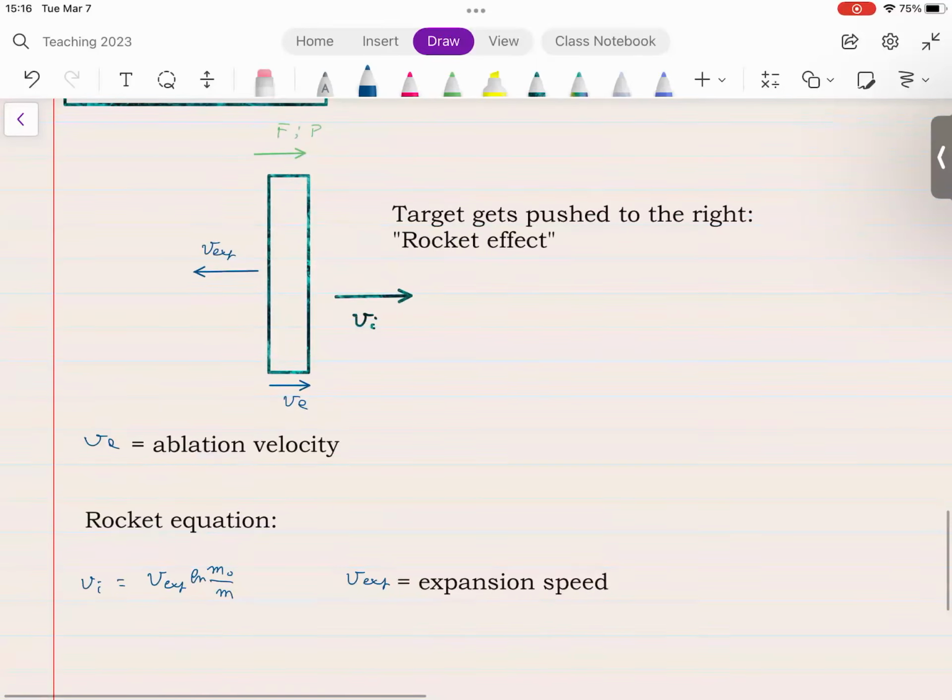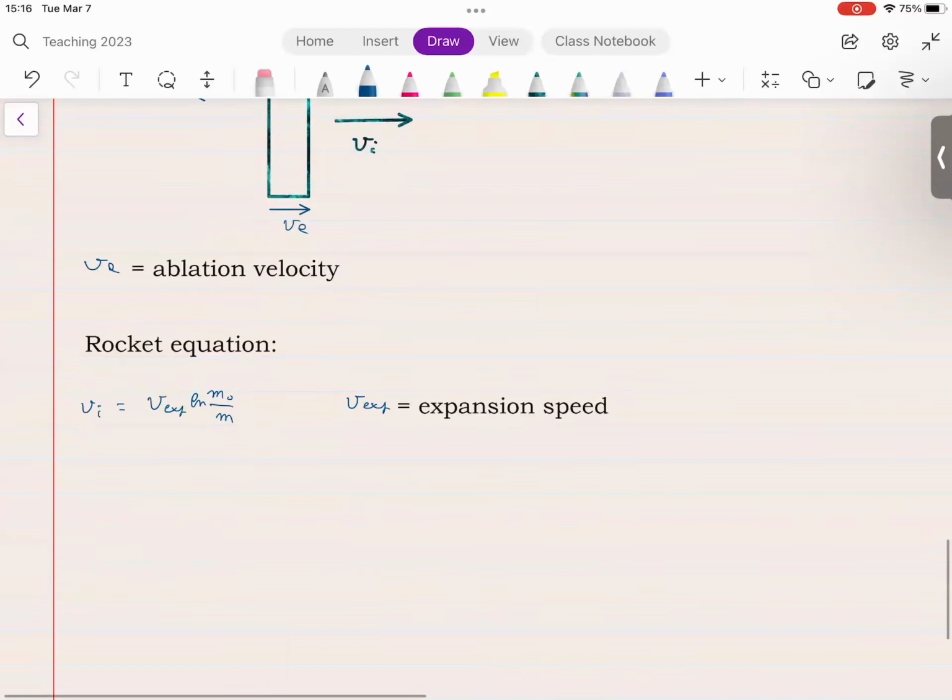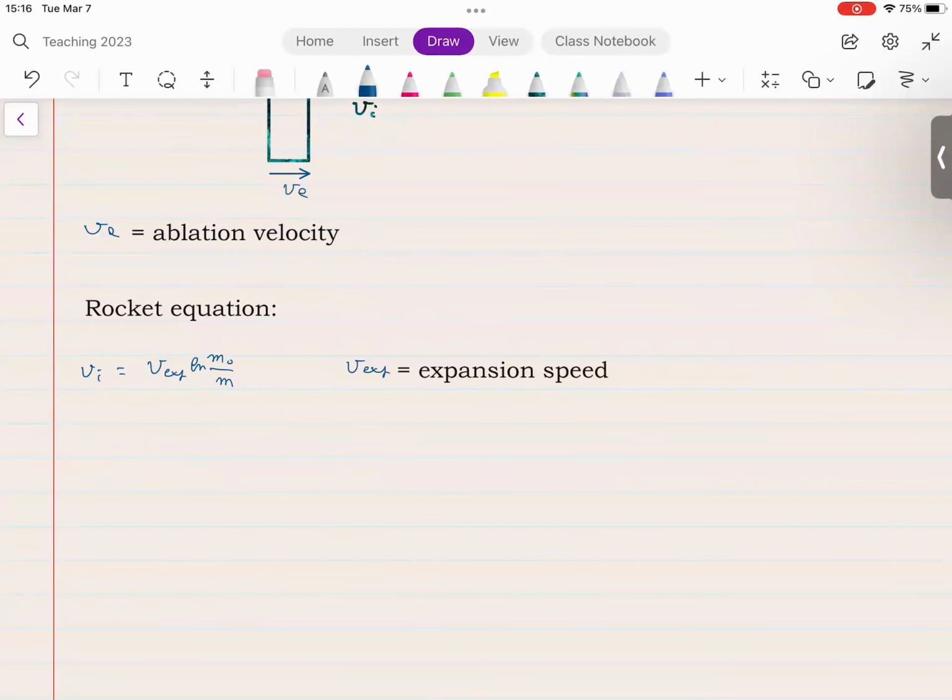What is important for the compression is how much pressure is generated by this process.